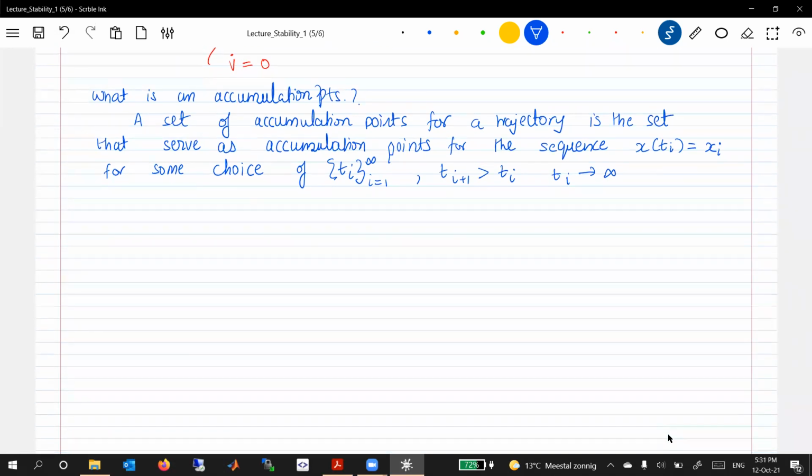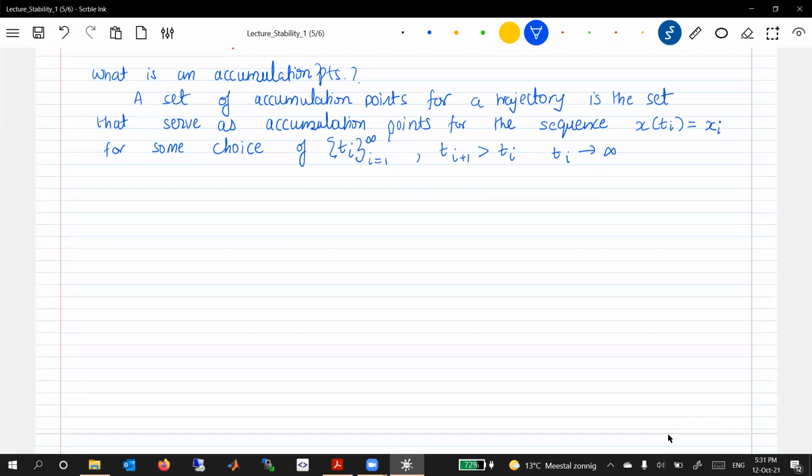Then we would want that, let's say, these points along a trajectory are like this. They don't need to be necessarily equally spaced.